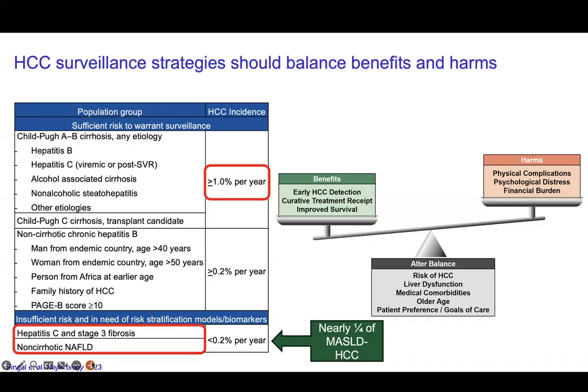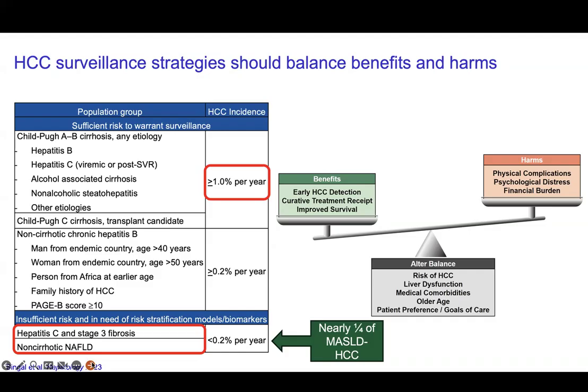And then those that have insufficient risk include hepatitis C with advanced fibrosis, but not cirrhosis. Now, the European guidelines used to, in the past, advocate for screening that population. I think that also came out. And then non-cirrhotic NAFLD, or patients with metabolic associated liver disease that do not have cirrhosis.